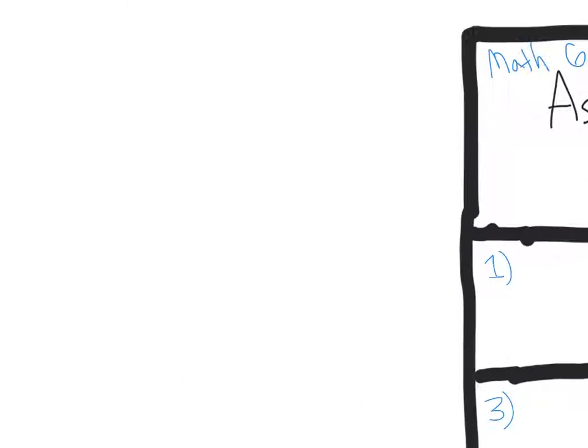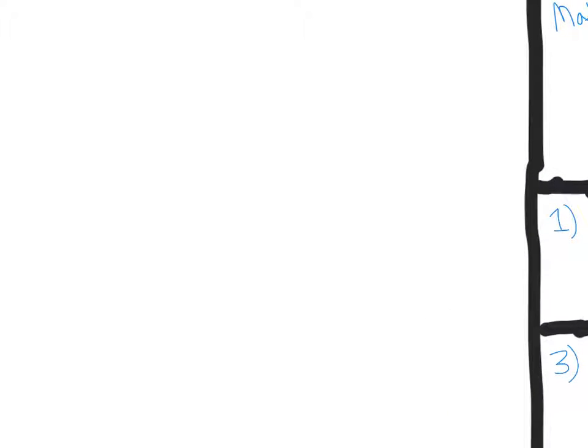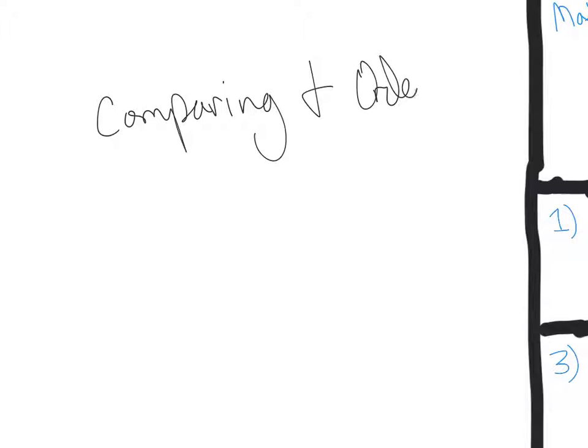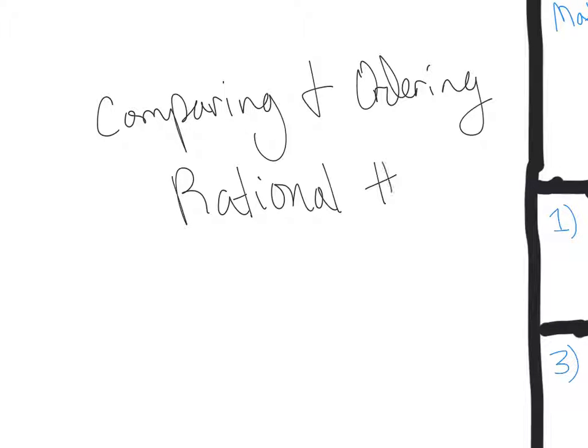So really quickly, comparing and ordering rational numbers. And once again, the root of the word rational is ratio, and we remember that a ratio is just a fraction.